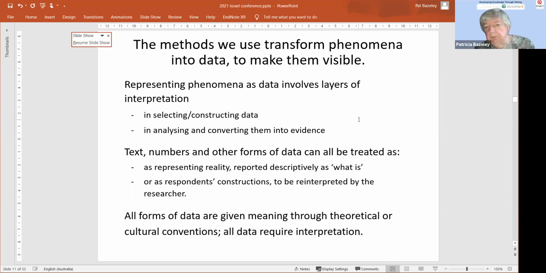Even when you're reporting something and saying it's representing reality, there is still that interpretation going on the part of the researcher in terms of how they select that data and how they report it and what they see as being what is. So I would argue then that all forms of data are given meaning through theoretical and cultural conventions, and in particular, I argue that all data require interpretation.